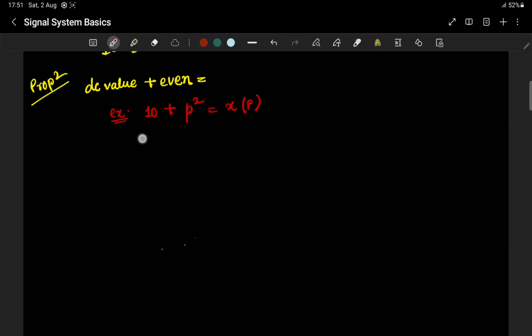So when I am taking x(-t), this is equals to 10 plus t square, because the minus will not have any kind of effect in it.